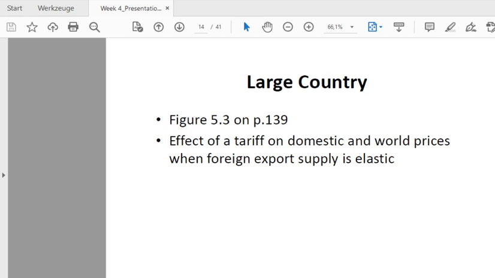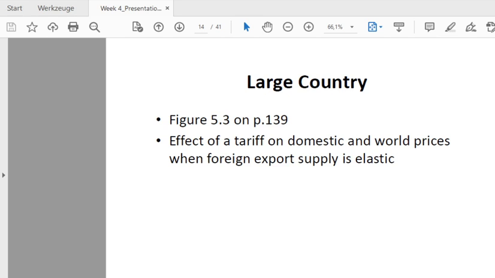And what happens here is that the consumer transfers parts of consumer income to producers and to the government. So this is what happens at the expense of consumers, favoring producers and the government.